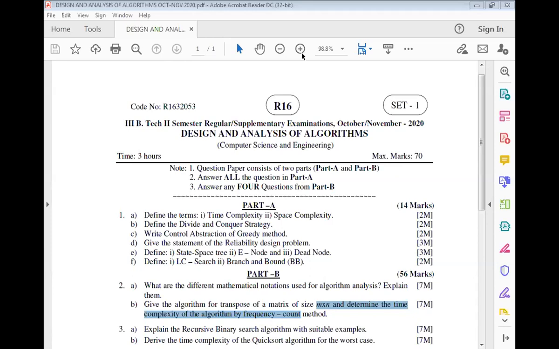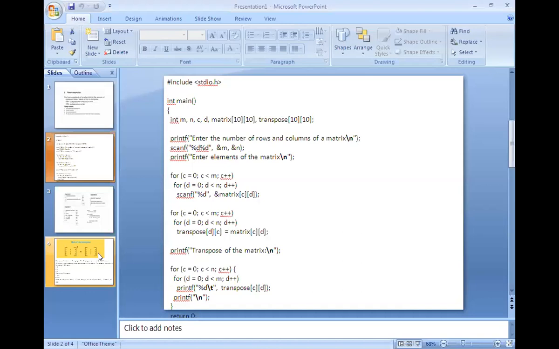Okay, so all of you must know about this, but see the logic here. So for clarity, students, this is the transpose of the matrix.